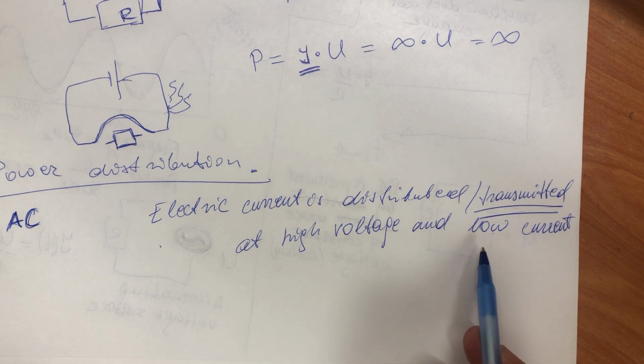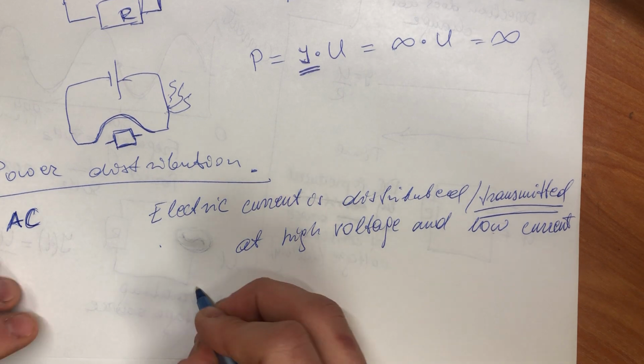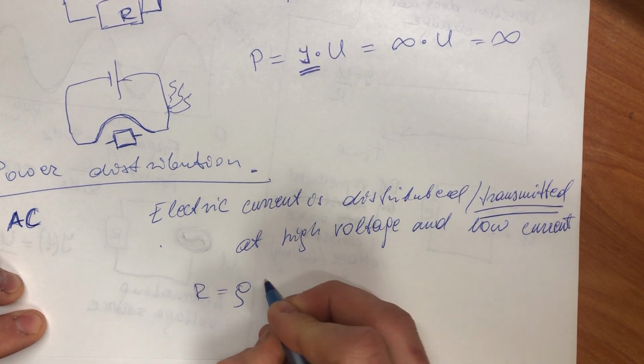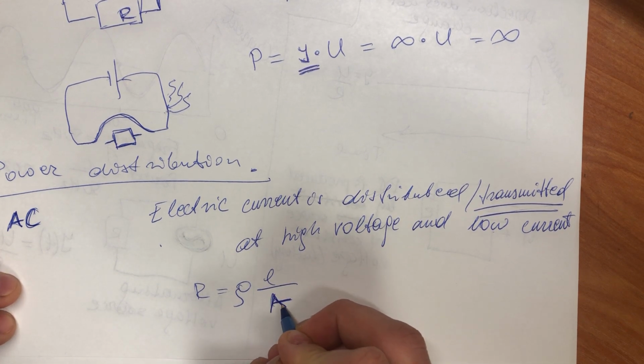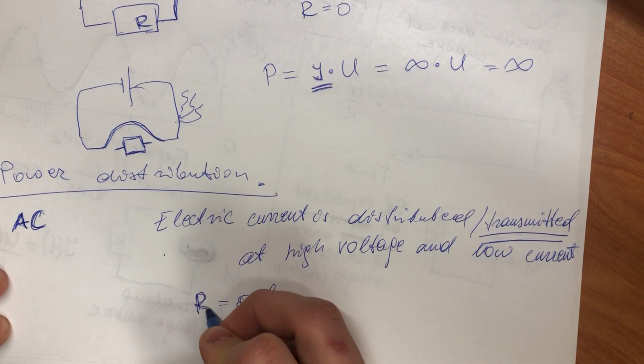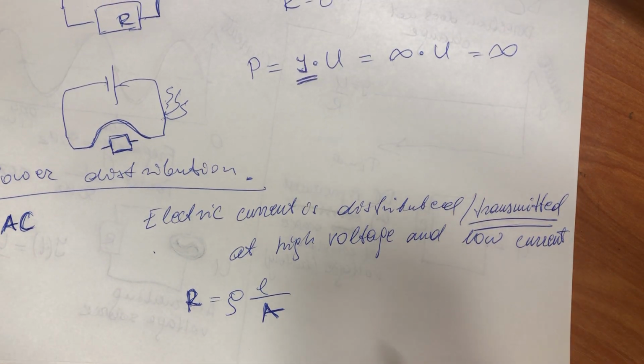When the cross section of the wire is narrow, when this decreases, then resistance increases, and we get a lot of energy losses as heat.